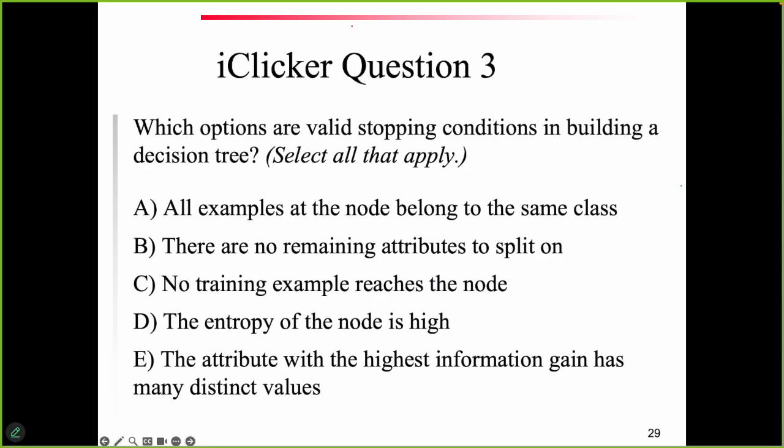Now I click here question 3. I'll give you 20 more seconds. 15 people responded so far. Professor, I'm trying to select multiple answers, but it just allows only one. Oh, okay.